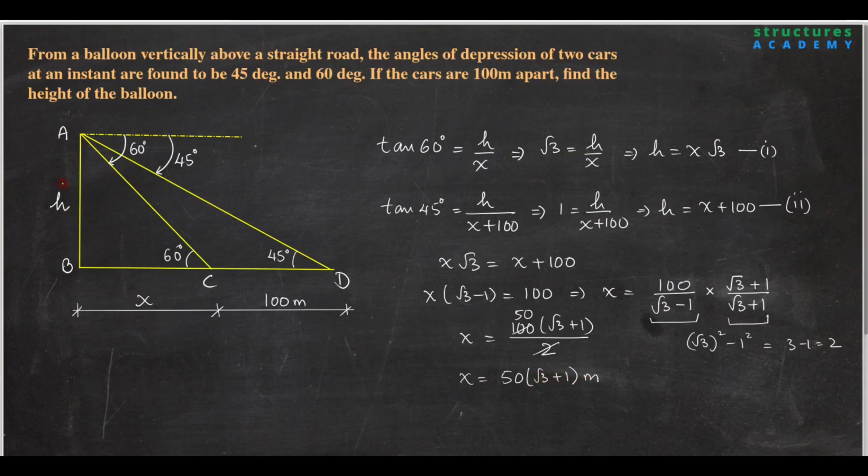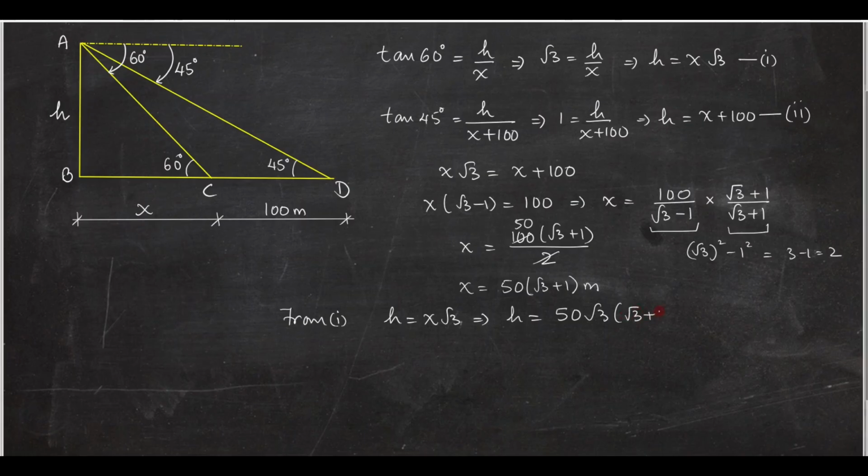But we have been asked to find out h. We already know the relation between h and x, which is either this or this, it doesn't matter, you get the same answer, but this seems a little easier, so we'll take h equal to x root 3. Equation 1, h equals x root 3, which implies h is equal to 50 times root 3 into root 3 plus 1.